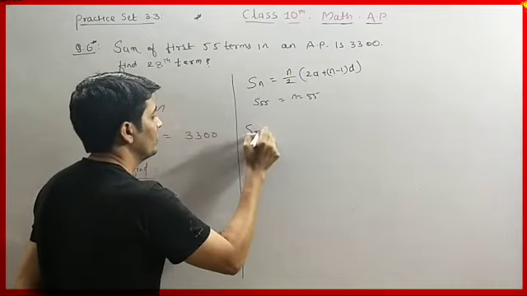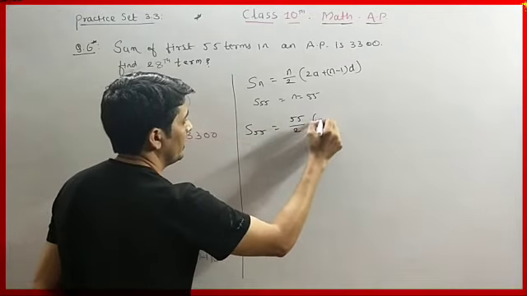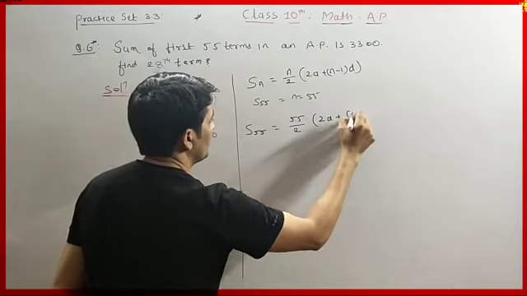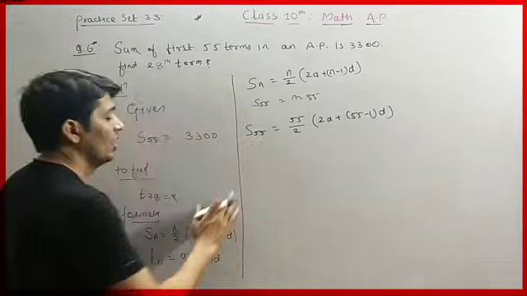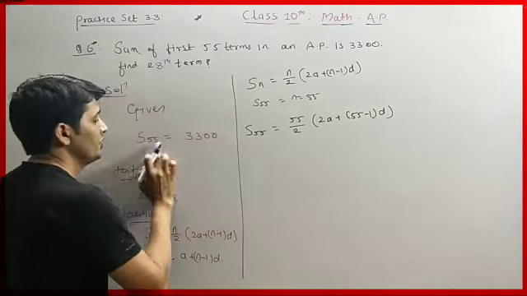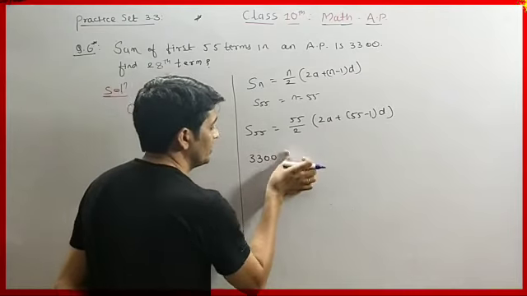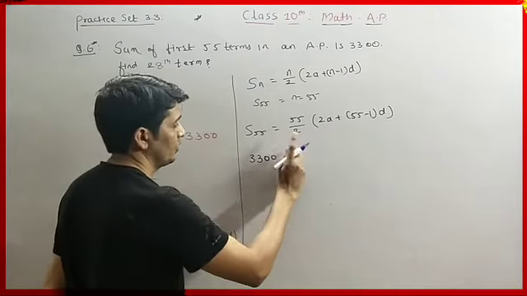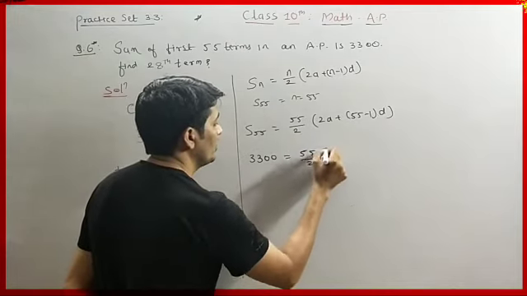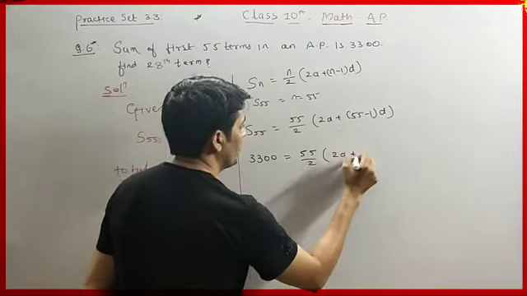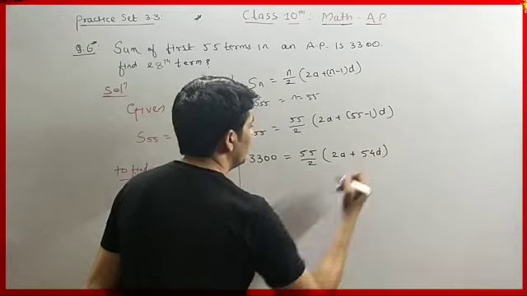So S55 equals 55 divided by 2 into 2a plus 55 minus 1 into d. So as we have to place the value of S55, S55 is 3300 equals to, see, we are going to transfer this part. Or we can write it as it is. It is 55 divided by 2 into 2a plus 55 minus 1 is 54 into d.